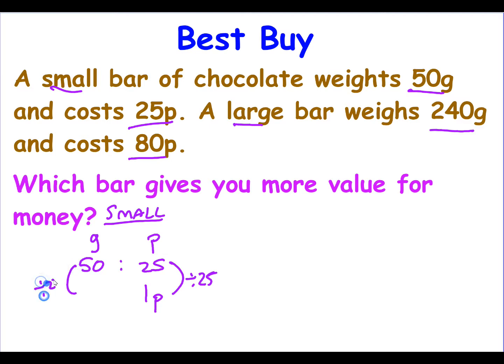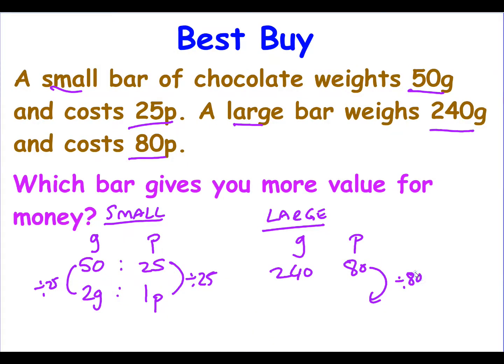So when I divide this side by 25, it tells me that I'm getting 2 grams of chocolate for a penny. When I do the same with the large bar of chocolate, I've got this relationship between grams and pence. I've got 240 grams and it costs me 80 pence. I divide the number of pence by itself to give me 1 pence.